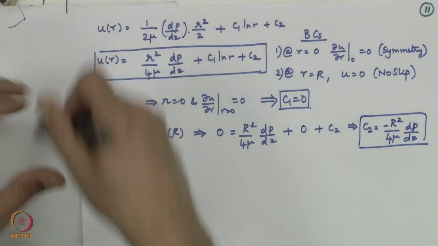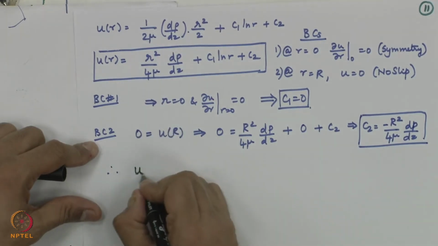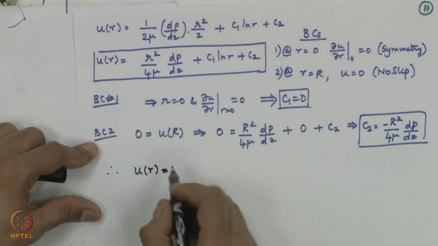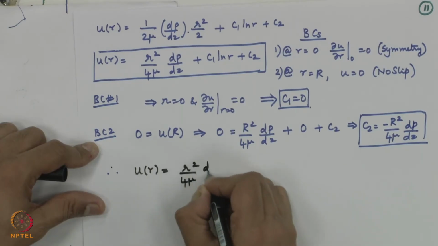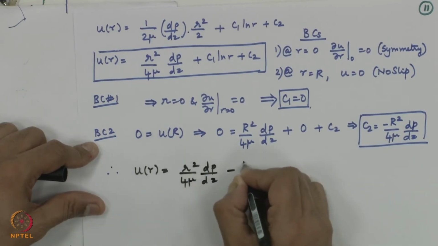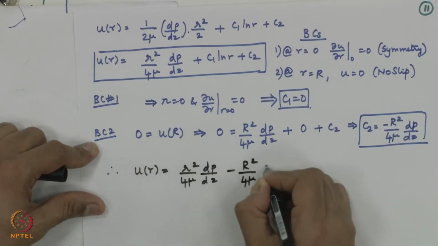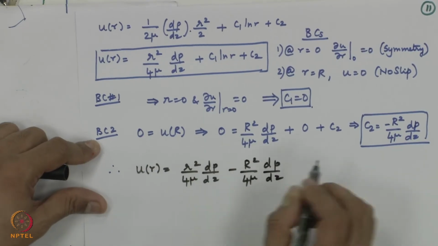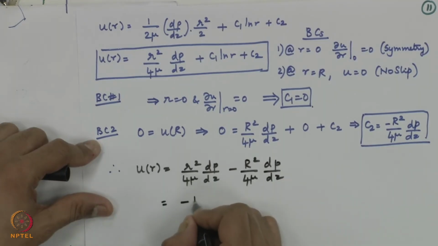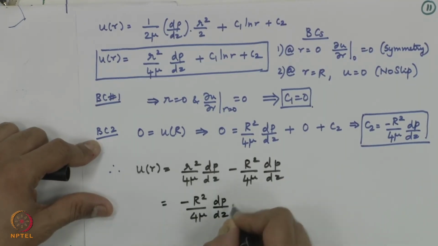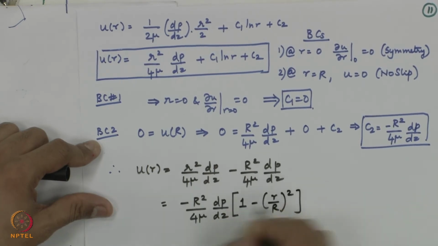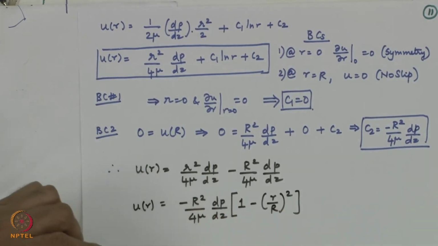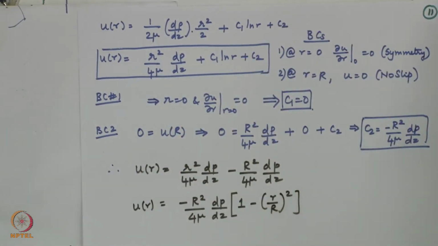Therefore, u of r, the expression for the velocity, is r squared by 4 mu dp by dz minus capital R squared by 4 mu dp by dz. I simplify this into a form which I like: minus capital R squared by 4 mu dp by dz comes out, and in the bracket I get 1 minus r by R whole square, which is your velocity profile or velocity distribution.